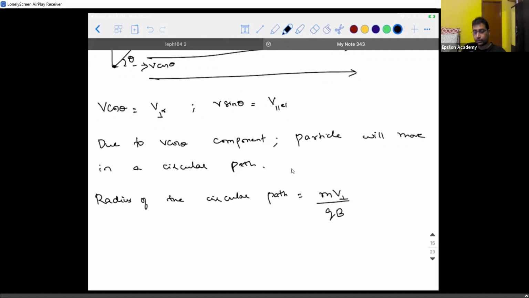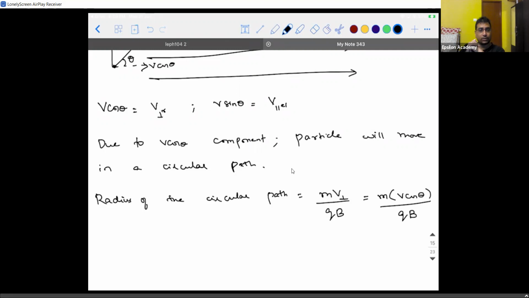That is the only difference. So M into V perpendicular divided by QB, which is M into V cos theta divided by Q into B.